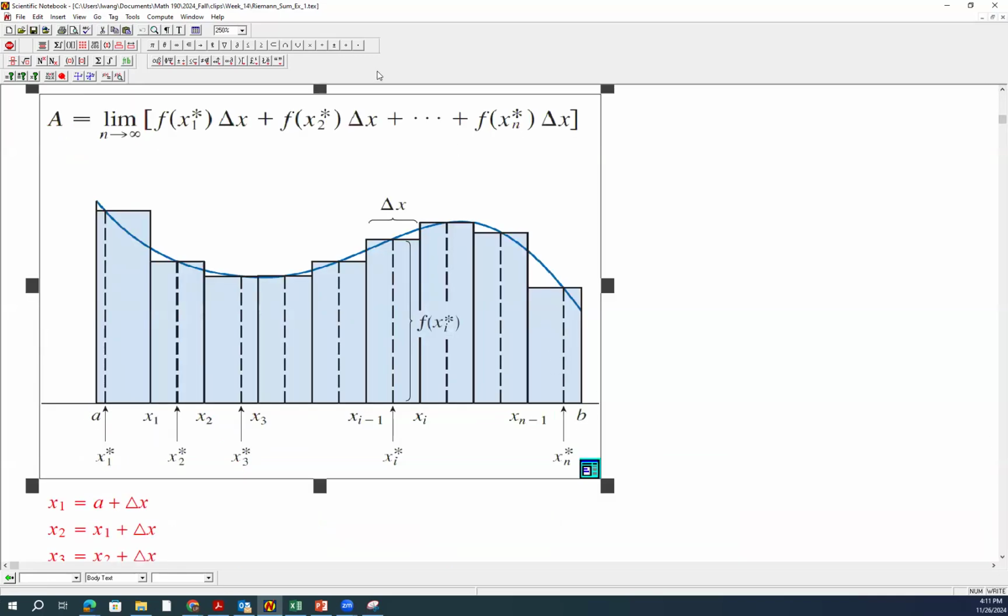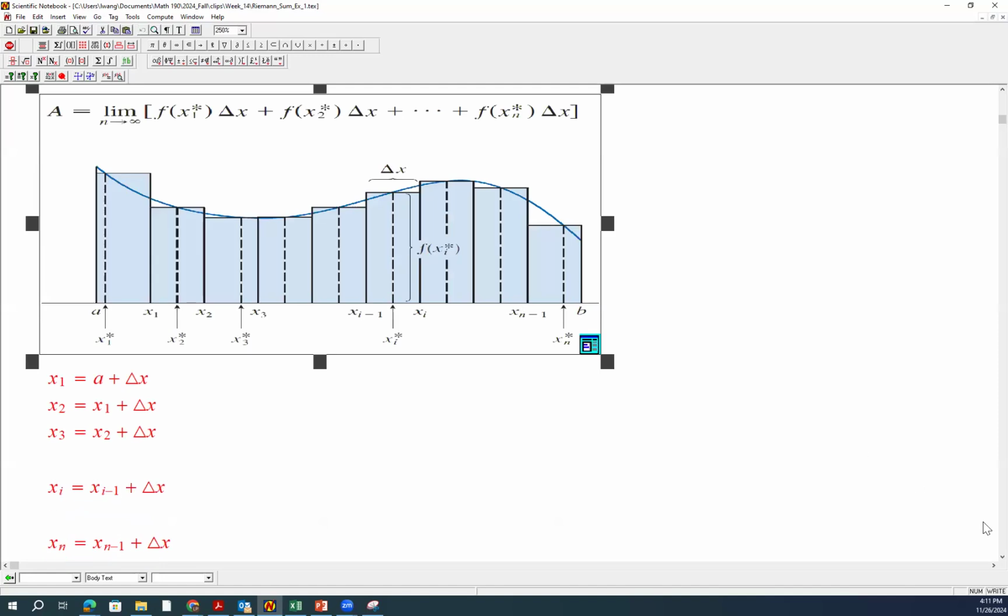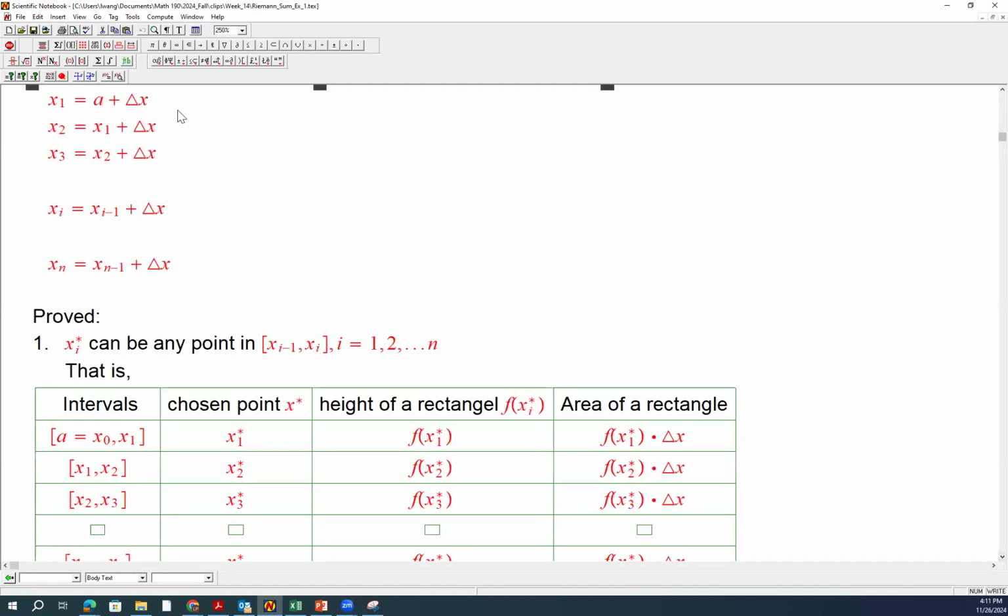And in class, we said that this is a repetitive process.